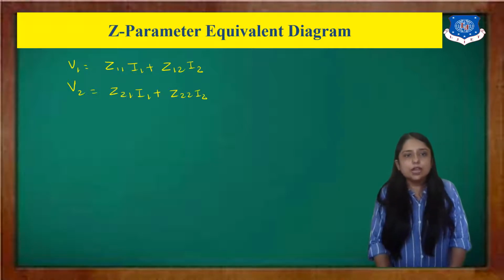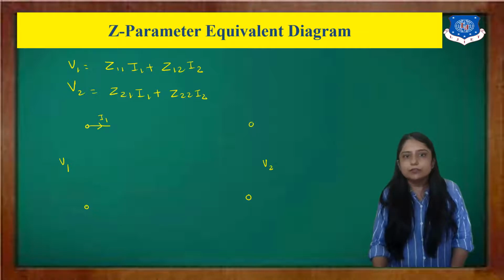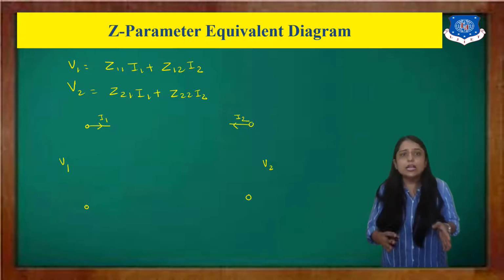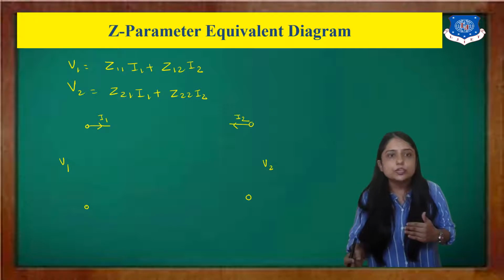Now we know that we have two ports. So the input port voltage is V1, and my output port voltage is V2. Now we know that my input current is I1, and my output current is I2. Now see, V1 equal to Z11 into I1 plus Z12 into I2.